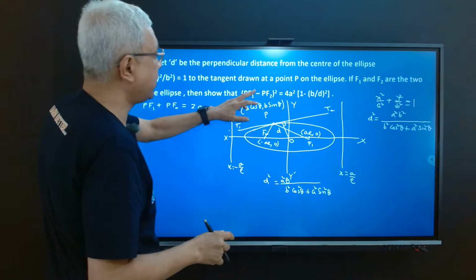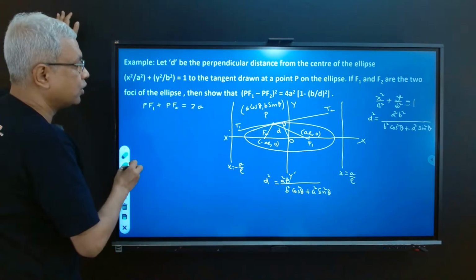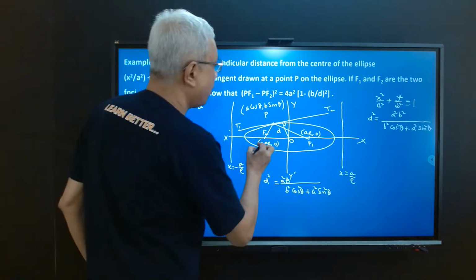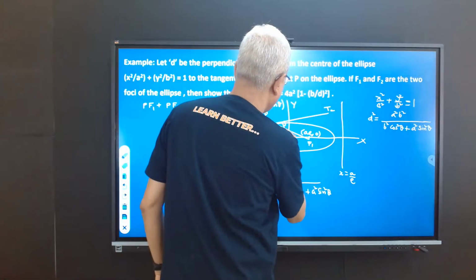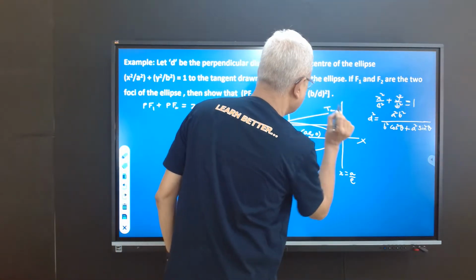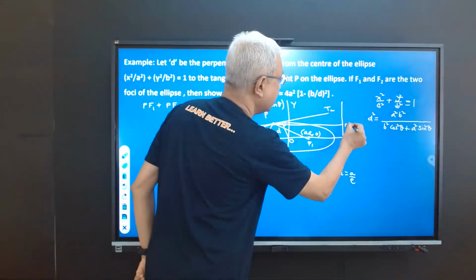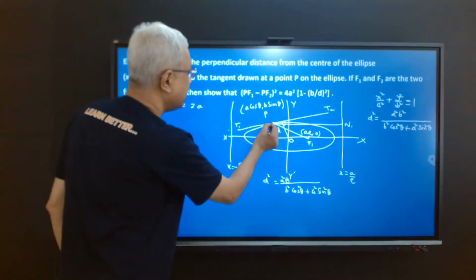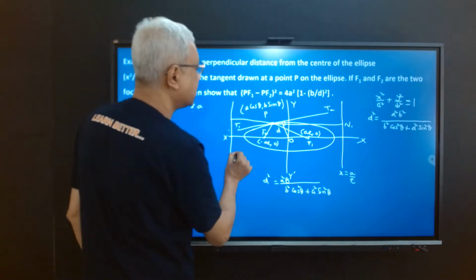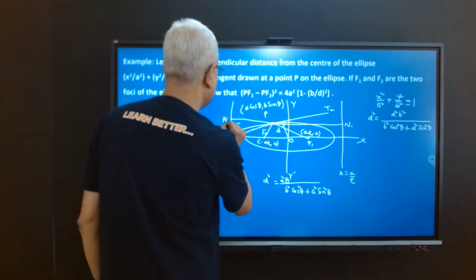But here I have to find PF1 minus PF2. So if I drop a perpendicular from P on this directrix and call the foot of the perpendicular N1, and similarly from P drop a perpendicular on this directrix and call this N2.